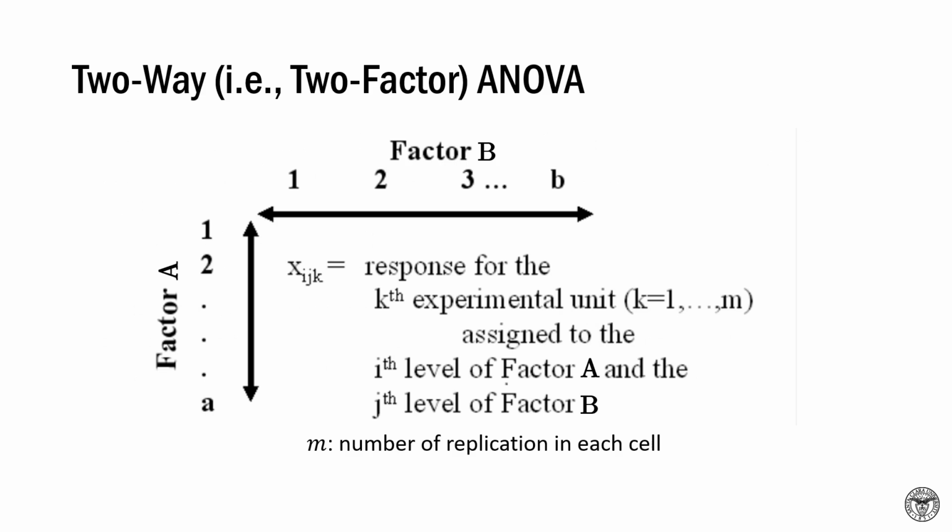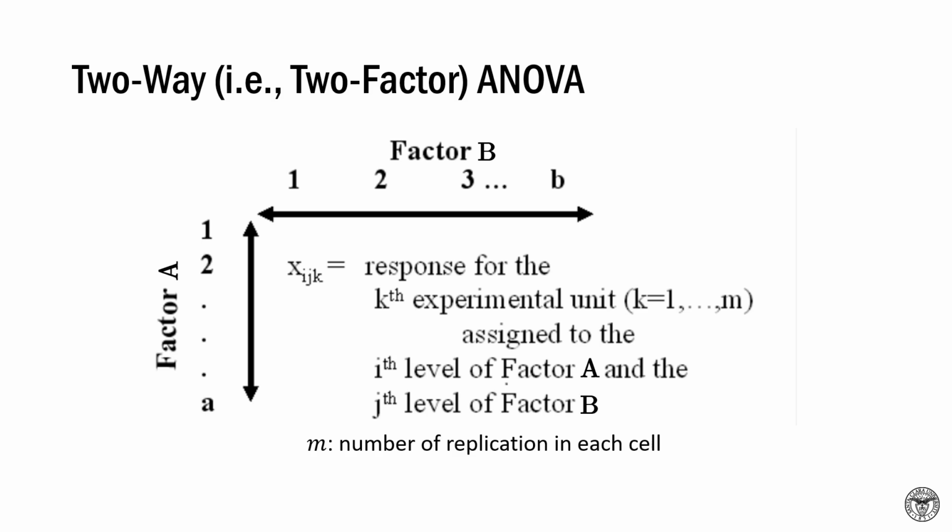As illustrated in this graph, a two-way ANOVA includes A levels of factor A and B levels of factor B. The experiment will involve collecting data on A times B treatment combinations.